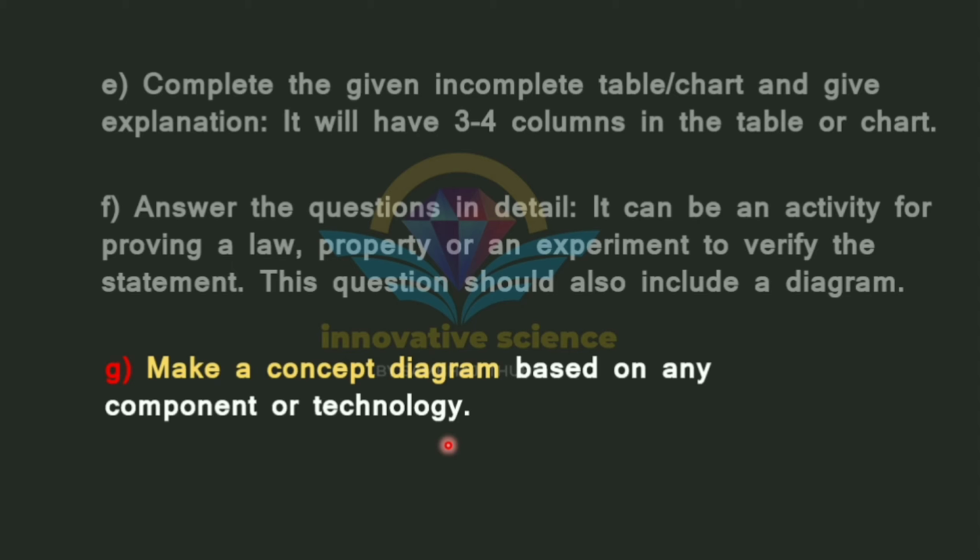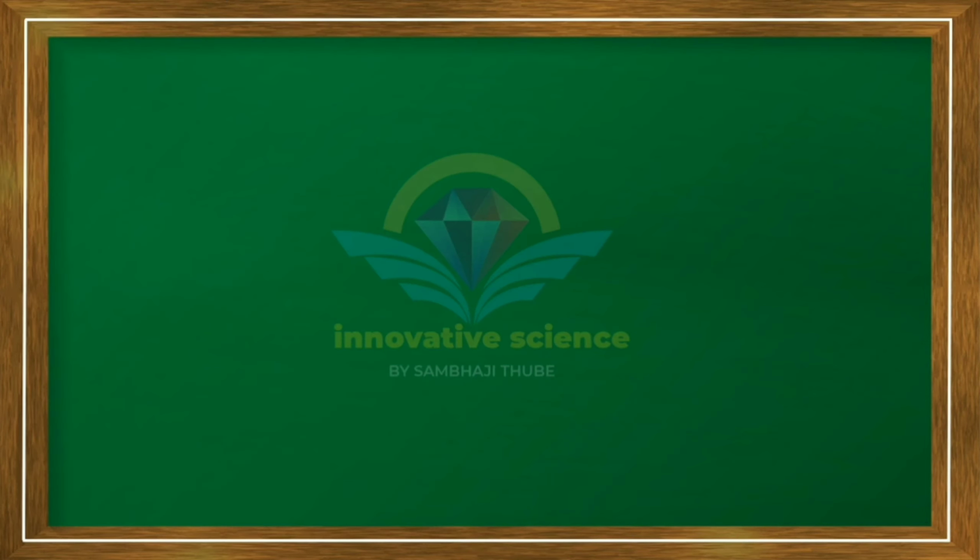Especially such types of questions are asked in environmental science. So my dear students, this kind of questions will be there in the question paper of Science and Technology Part 1 and Part 2.